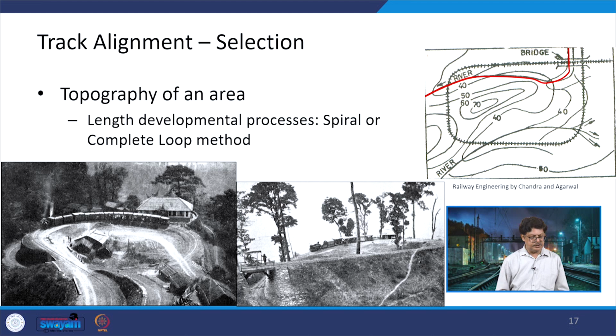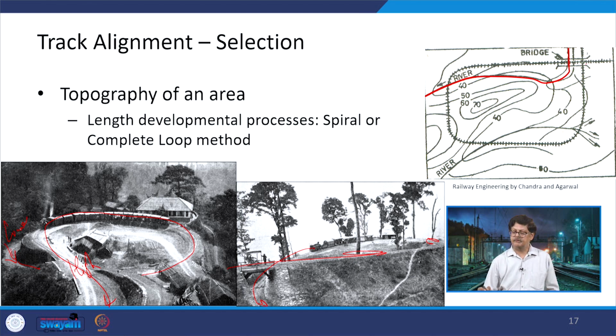Here you can see an example: this is a lower level and this is a higher level. The track is coming from this side, then it goes below, and then it comes and goes in this form. Similarly, here also the train is coming from the upper side, then it goes from the bottom, and there is an upper level movement also.